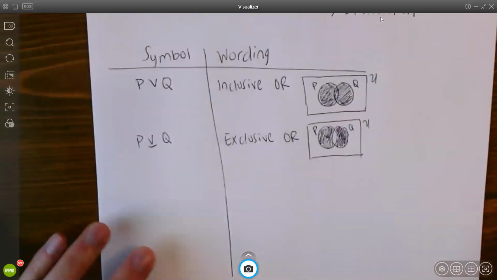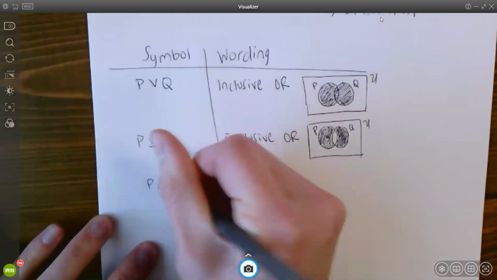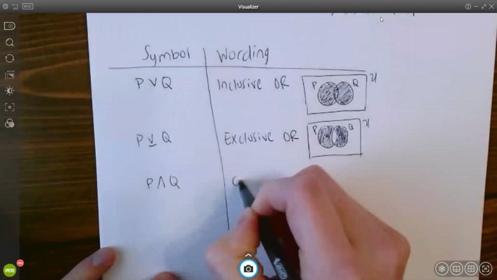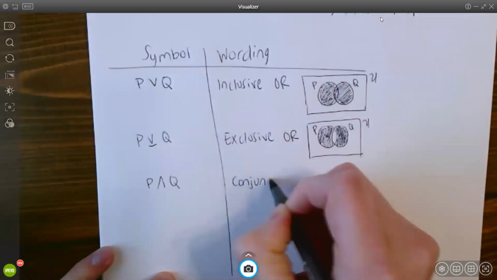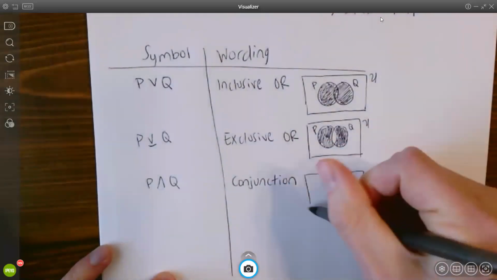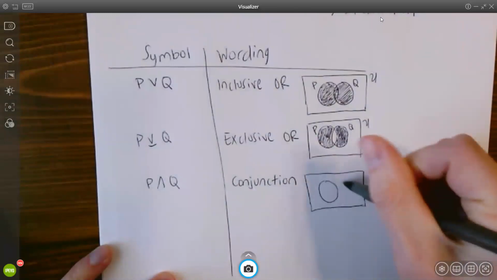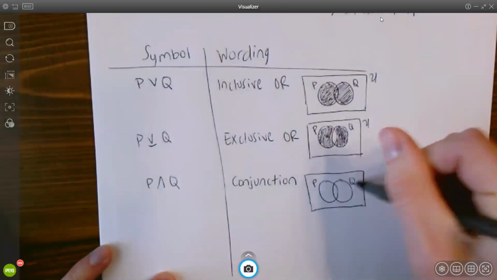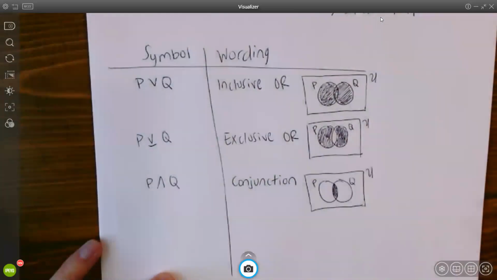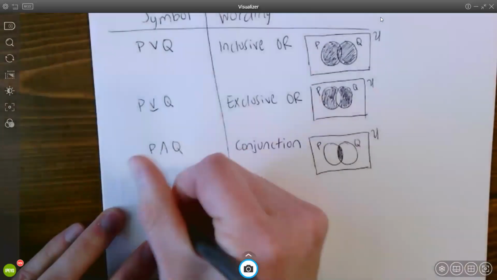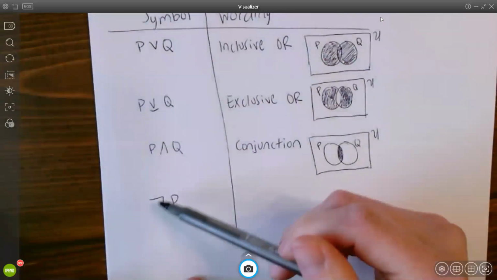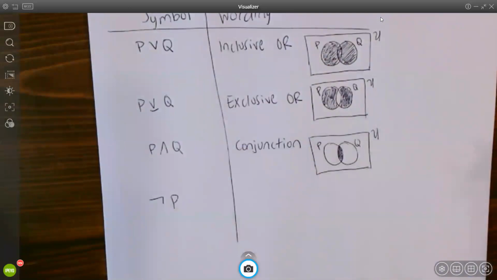Another symbol that we need to know is our upside down V, which is conjunction. What that means, again, going back to Venn diagrams, conjunction is just what they share. And then the last one I'm going to go over is just a line and then down, so kind of like a sideways, backwards L or something.